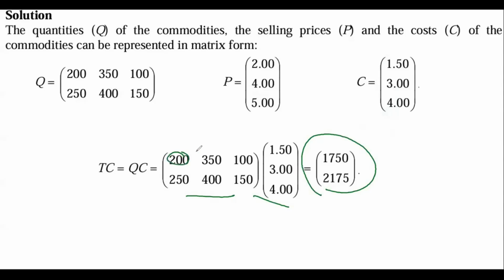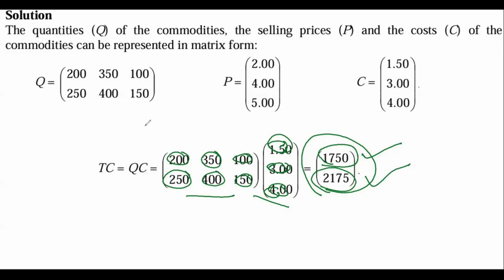So you multiply this by that, plus this by this, plus this by this. Add them all up, you should get that. Similarly, you multiply this by this, this by this. Add them all up and you get that, right? So that's your cost matrix. And here what is happening is you're putting it according to branches, right? How much the cost incurred by this branch and the cost incurred by that branch, right?